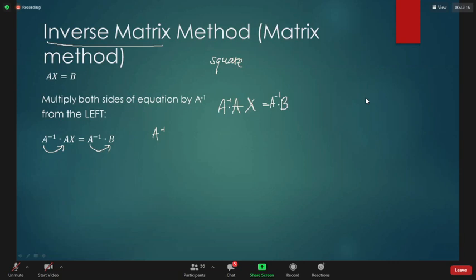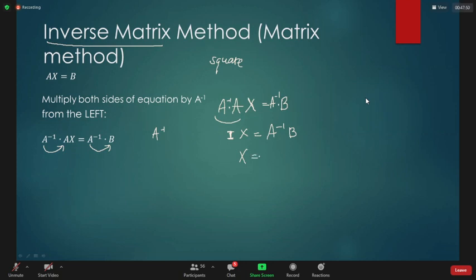We understand, of course, that the product of the matrix inverse and the matrix itself is the unit matrix, the identity matrix I. So X remains, and here we have this matrix product A inverse times B. But we know that if you multiply the identity matrix by another matrix, it changes nothing, because the identity matrix serves as the number 1 for matrices.